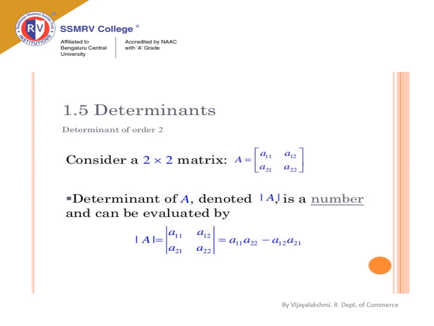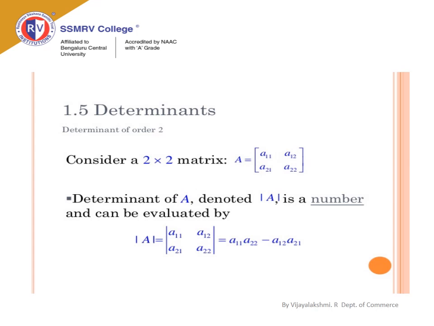Determinant of A will be denoted using two parallel lines, in between which you write a capital A. That is, det A is equal to, and in between the two parallel lines we write the elements also: A11, A12, A21, A22.